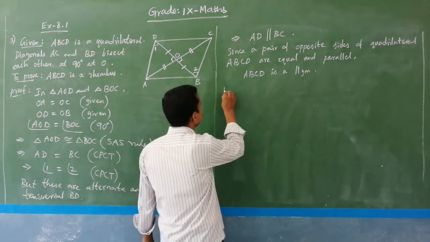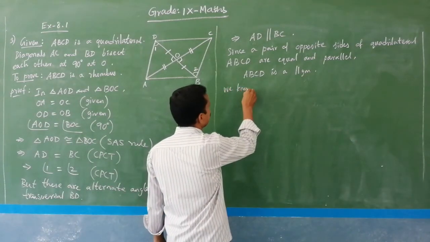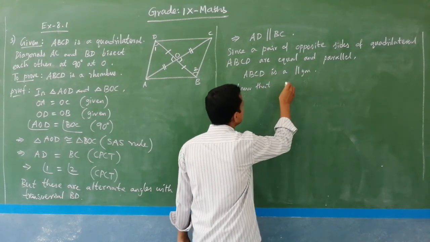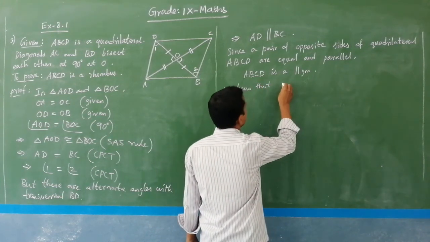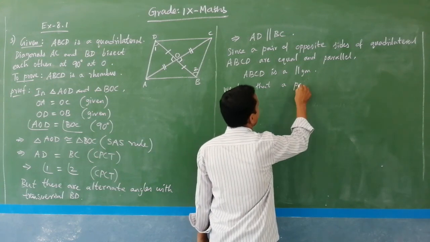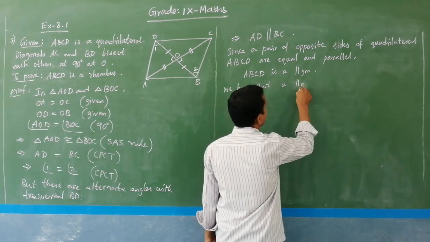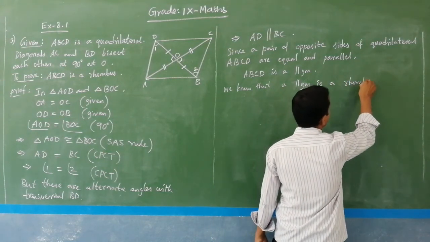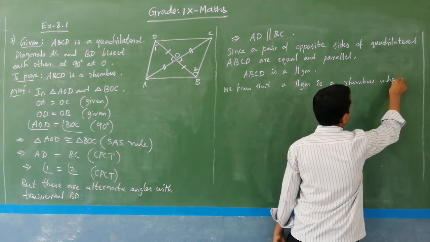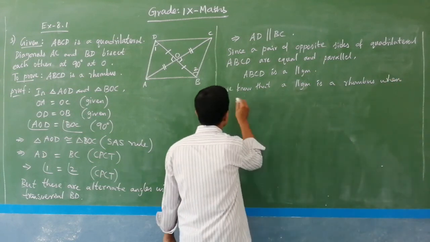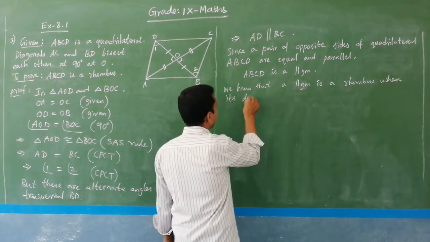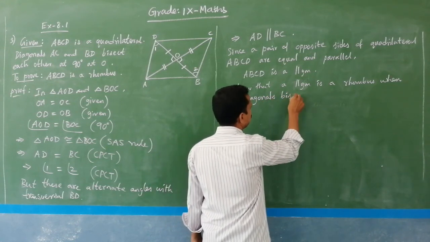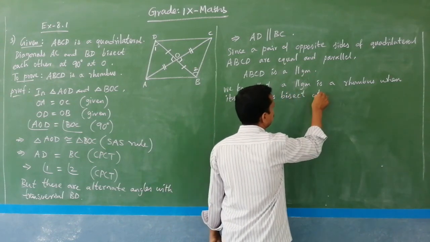So, we know that a parallelogram is a rhombus when its diagonals bisect at right angle.